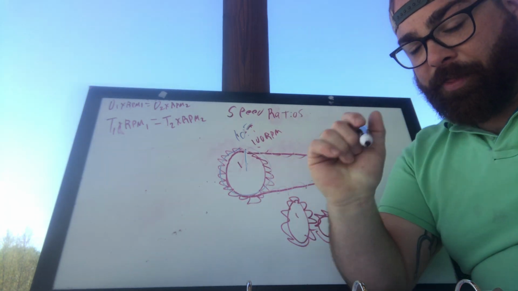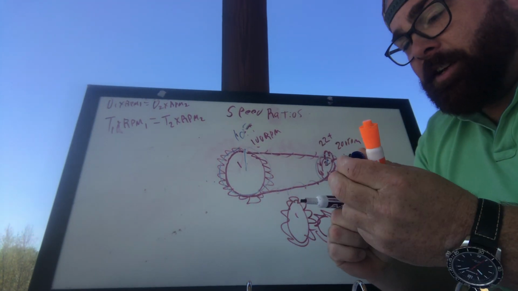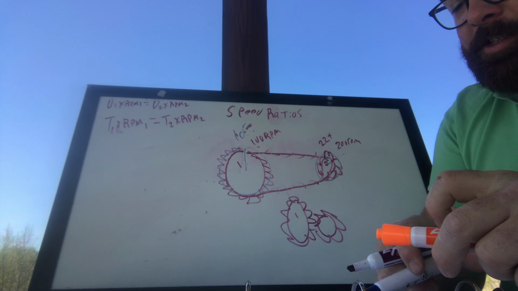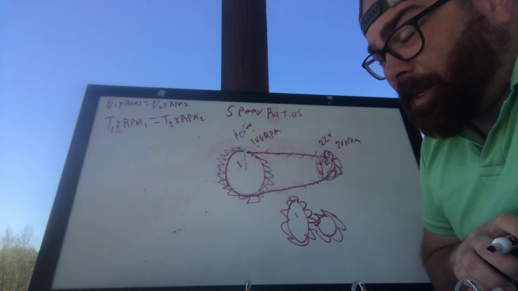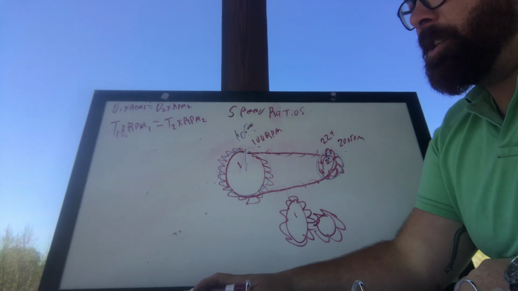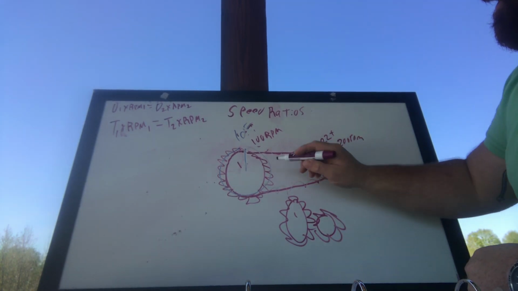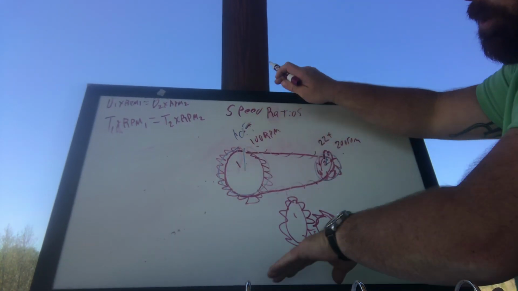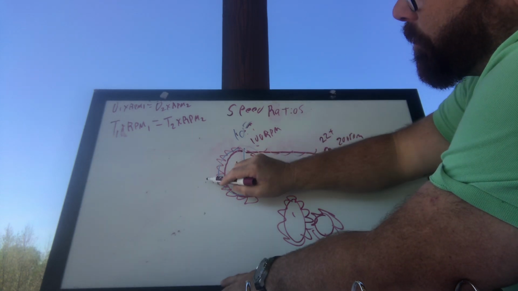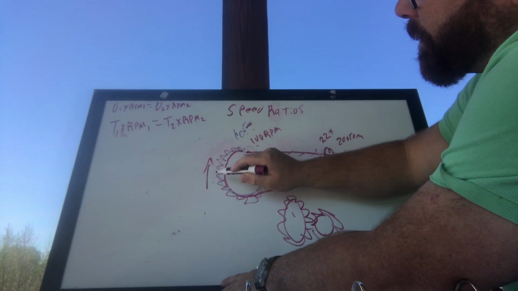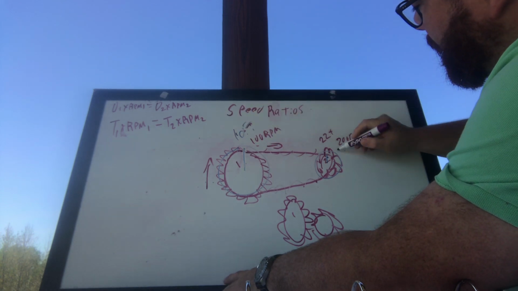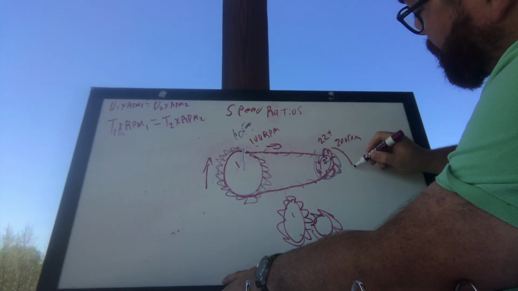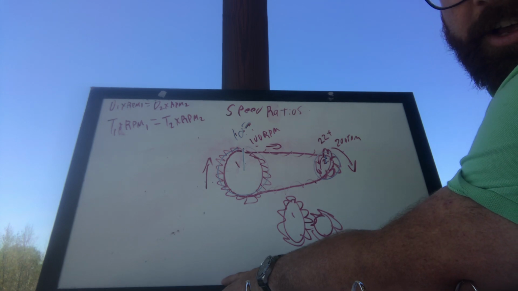Interlocking teeth. Now, one thing that will come up on the test, it'll be just for a few points. It's one of those that doesn't really check your mathematical ability. It just checks your conceptual understanding. In this case, if pulley 1, sprocket 1, cog 1, whatever you want to call it, is going that direction, that means the belt is going this way. That means that sprocket 2 is going in that direction.